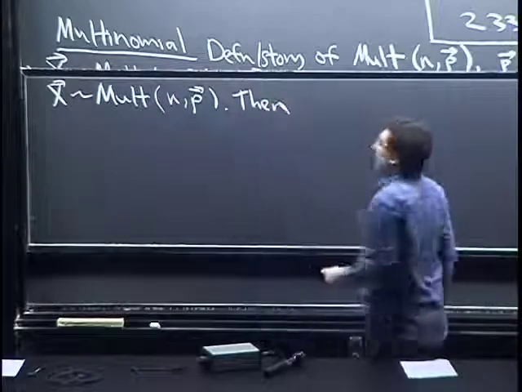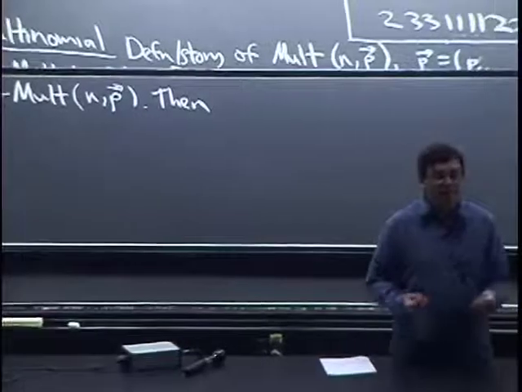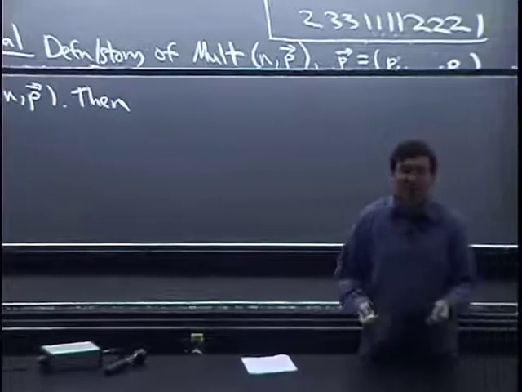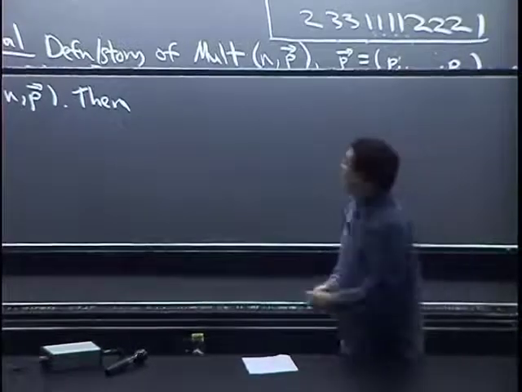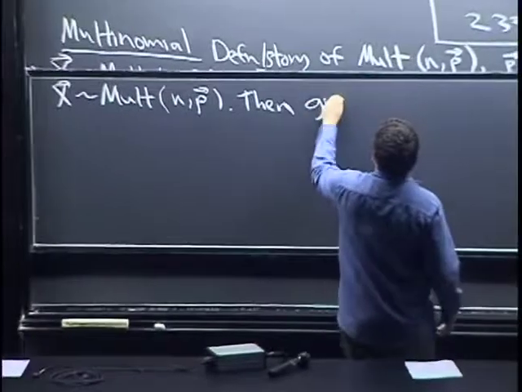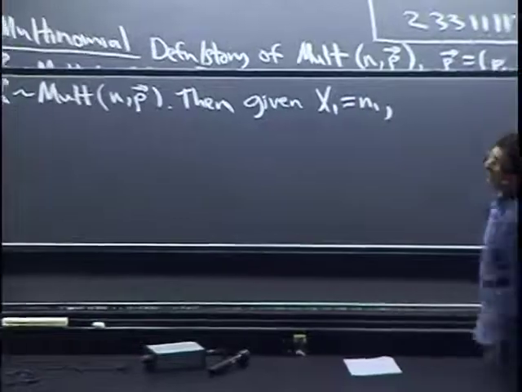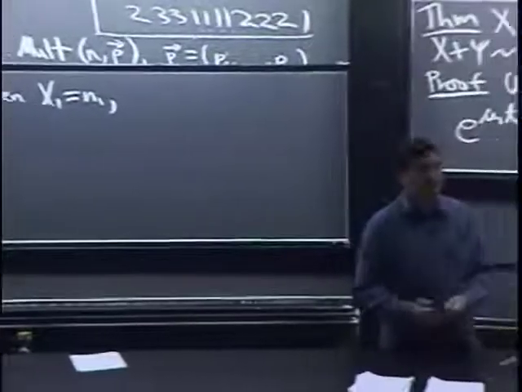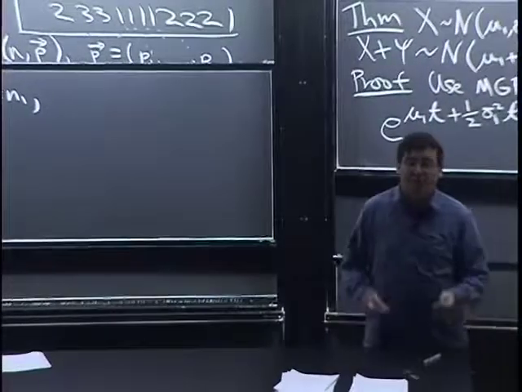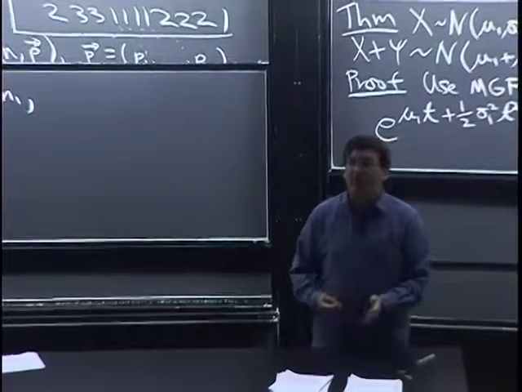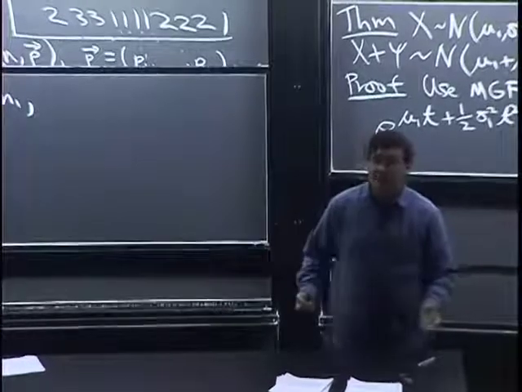You might call it a conditional joint PMF because you're given x1. Let's say that we're given that x1 equals n1, okay? And then we want the conditional joint distribution of everything else. So we know exactly how many people are in the first category, but we don't know about the rest of them.